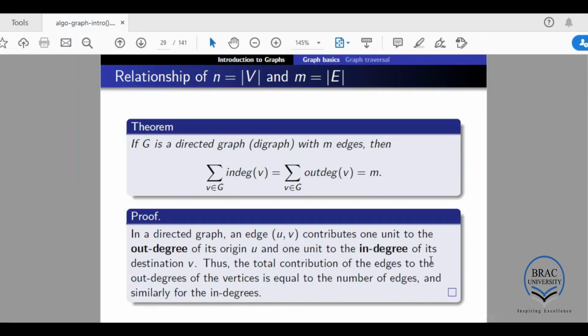So the total contribution of the edges to the out degrees of the vertices is equal to the number of edges, and similarly for the in degrees.